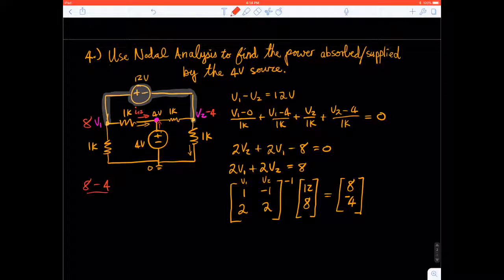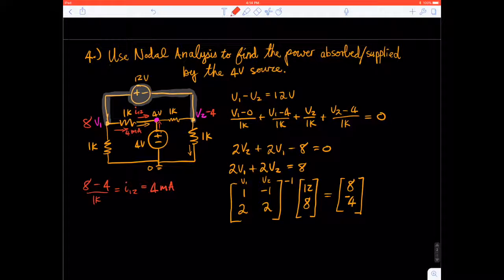So it's 8 minus 4 divided by 1K, and that is equal to I12, and that should be equal to, you guessed it, 4 milliamps. So right now we know 4 milliamps is going in this direction.